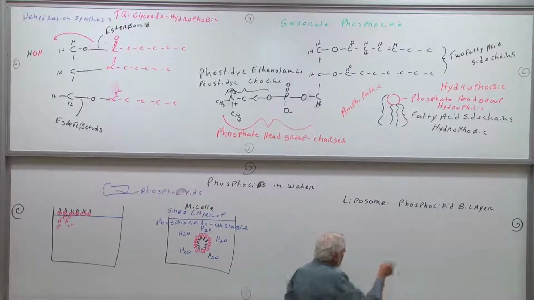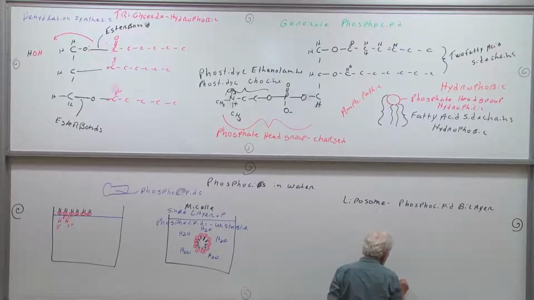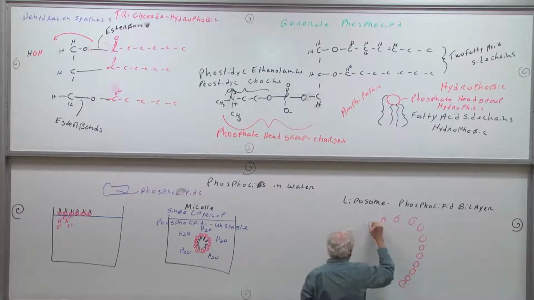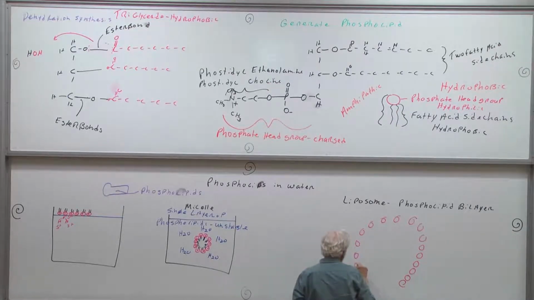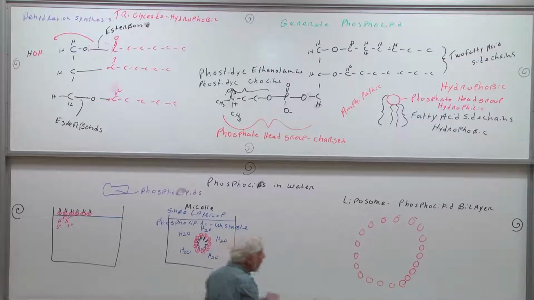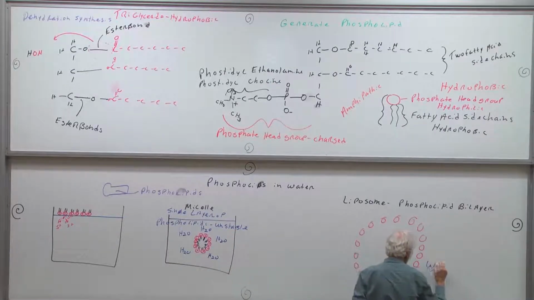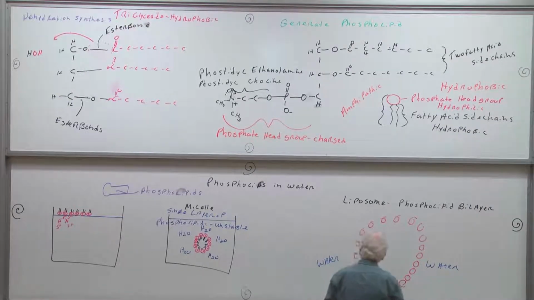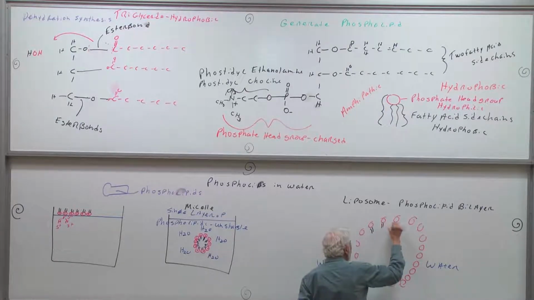Again, there's going to be an outer perimeter of phosphate head groups. The phosphate head groups, being charged, will face the water. The tails, of course, will point away from the water, much like we saw in the monolayer.